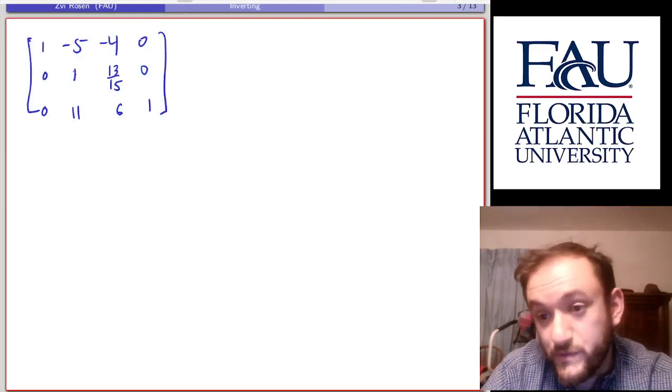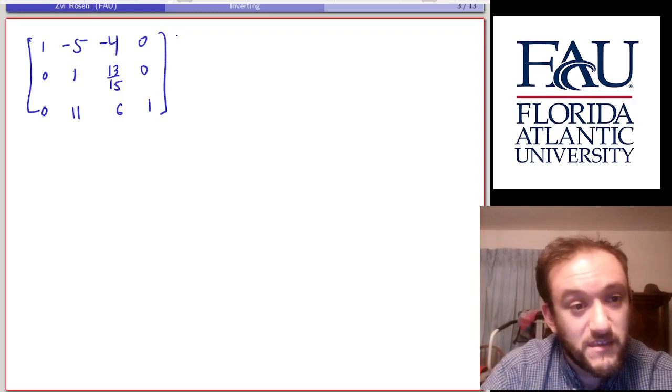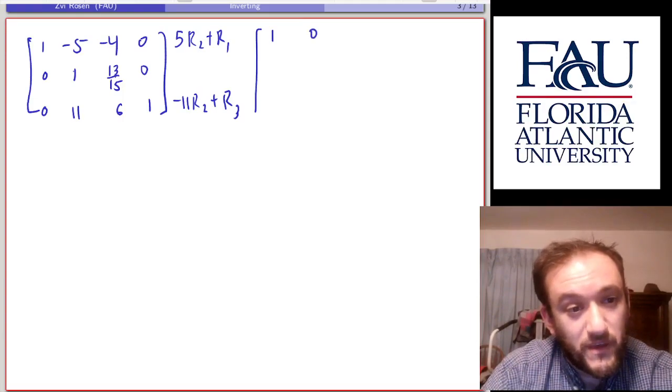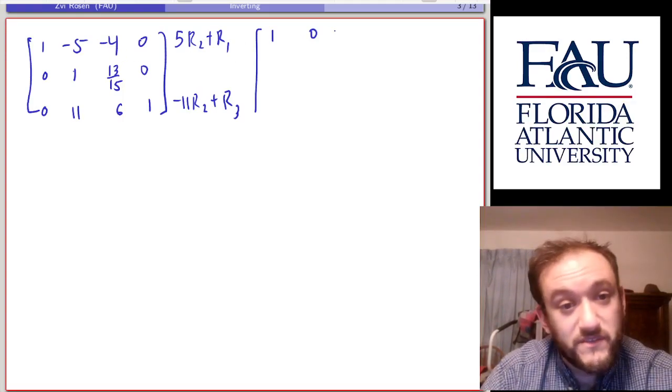Okay, we want to use this second row's leading 1 to eliminate everything else above and below it. So we have 5 row 2 plus row 1, and -11 row 2 plus row 3. Okay, that gives us 1, 0. 13/15 times 5 is 13 over 3. Minus 4, which is 12 over 3, gives us 1 over 3.